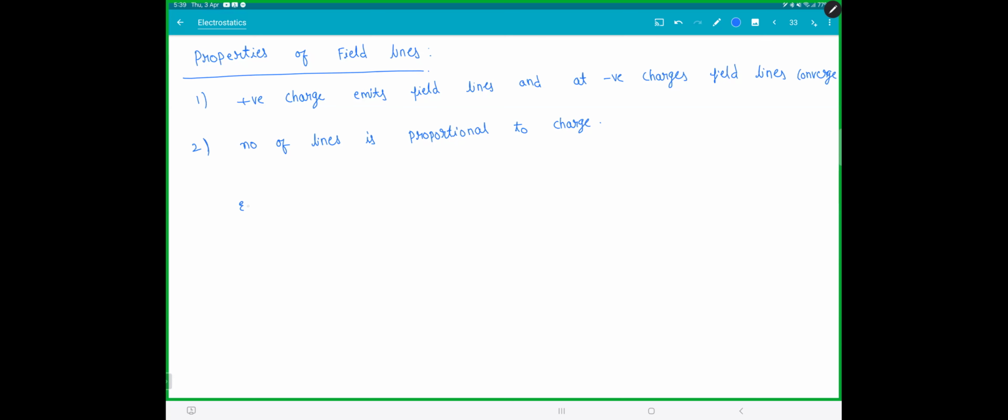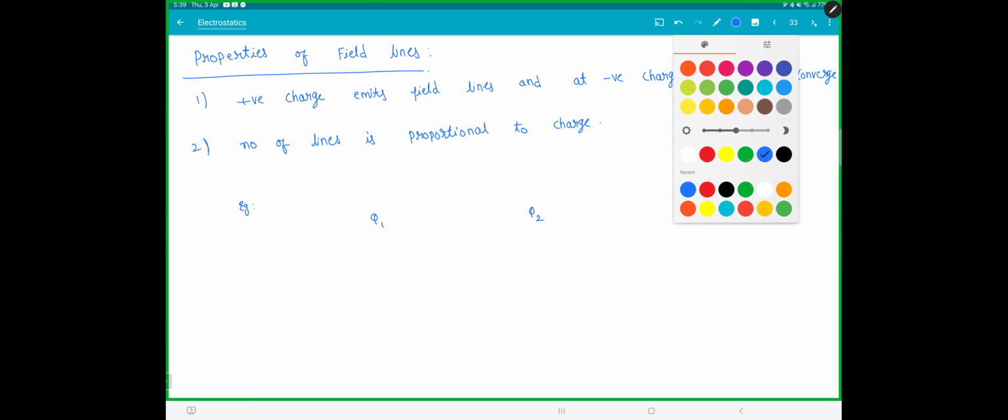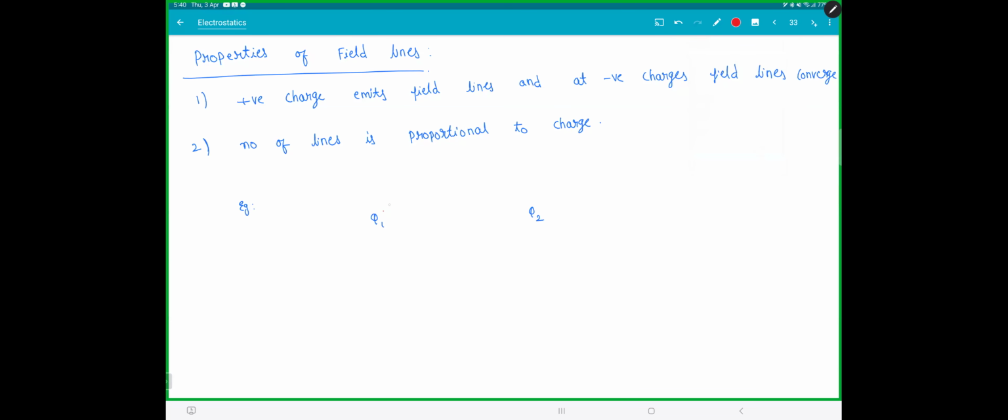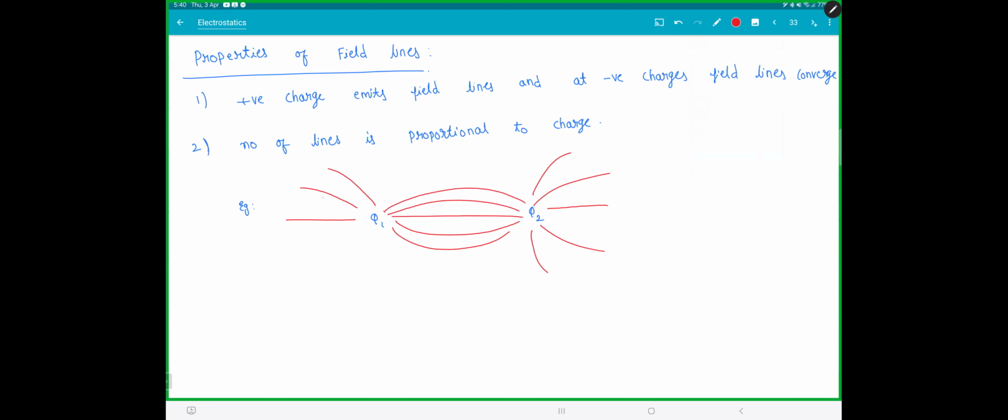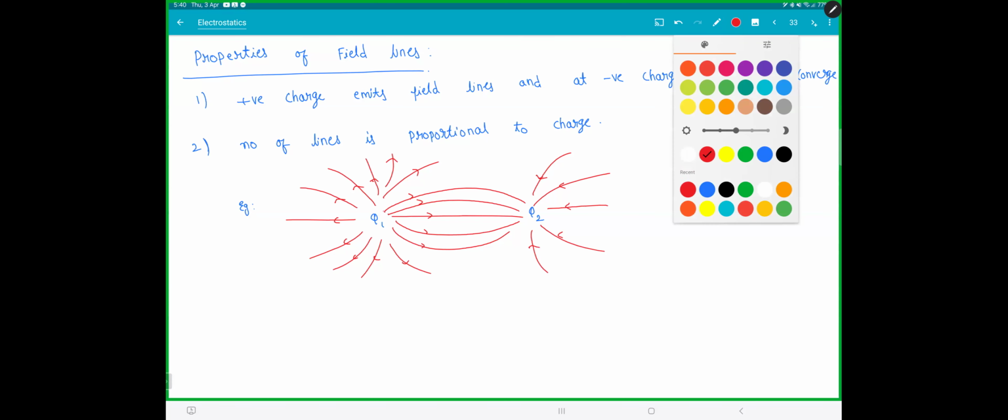For example, in the exam they would ask you something of this sort. Let's say we have a charge Q1 and a charge Q2. They'll give a picture like this and ask you to find Q1 by Q2.